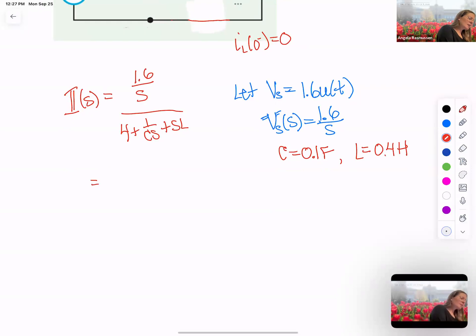So this ends up being 1.6, I can bring the S to the bottom and then multiply it by all of this on the bottom: 4S plus 1 over 0.1S plus 0.4S.